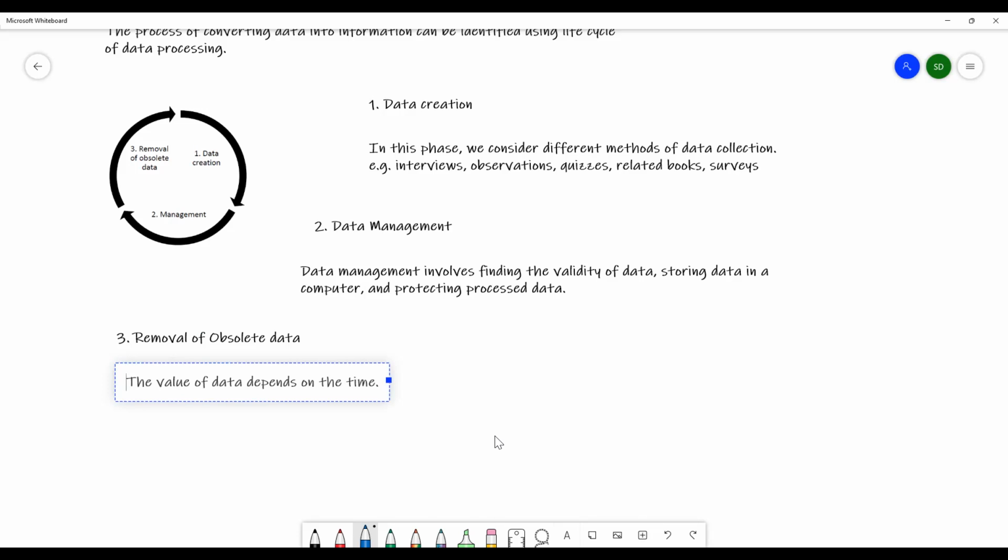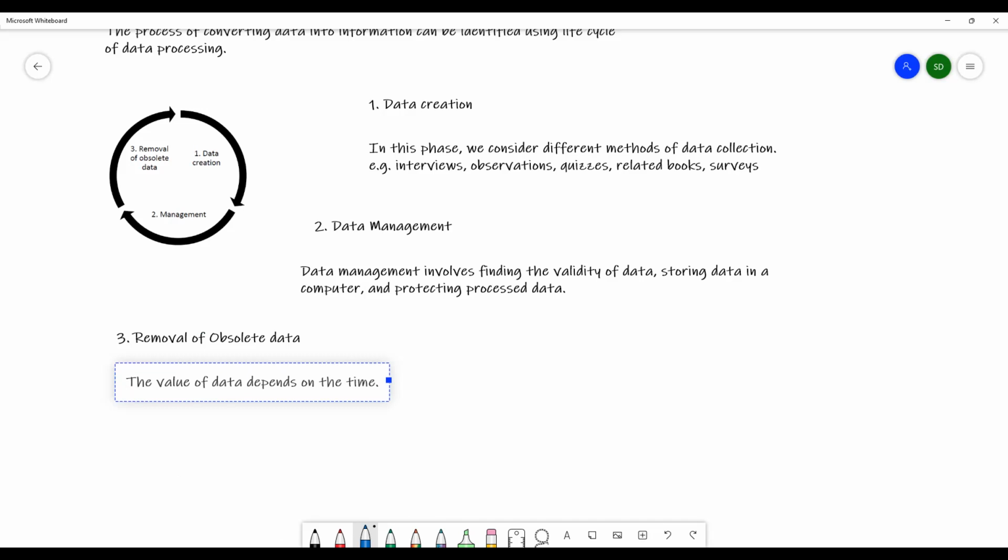Another 10 years' time, do you think that data is important? No, right? So when you leave the school, the importance degrades, which we will discuss later on. So the value of the data depends on time.